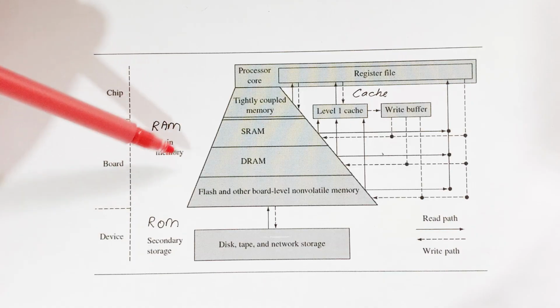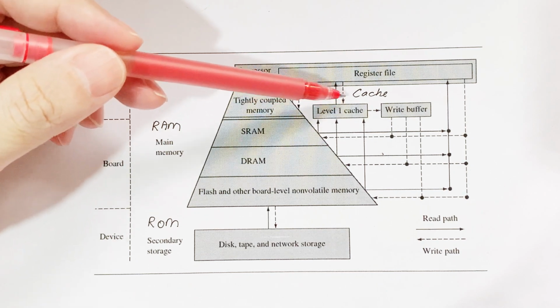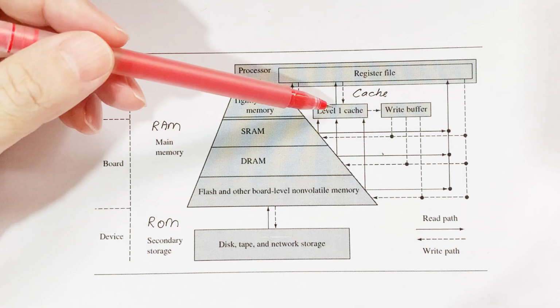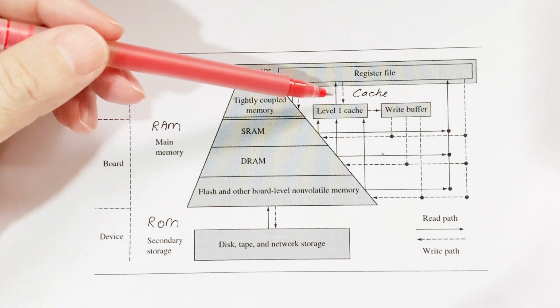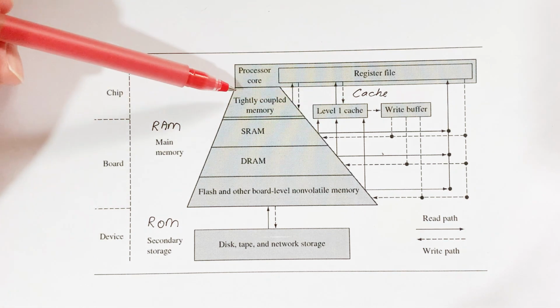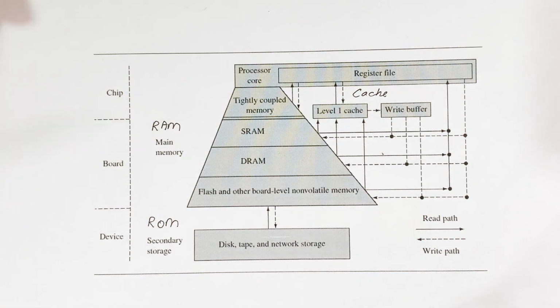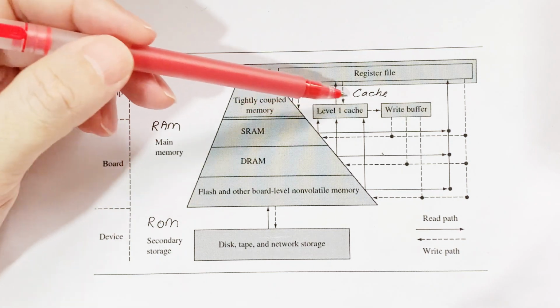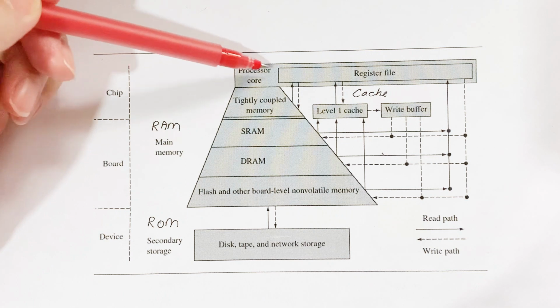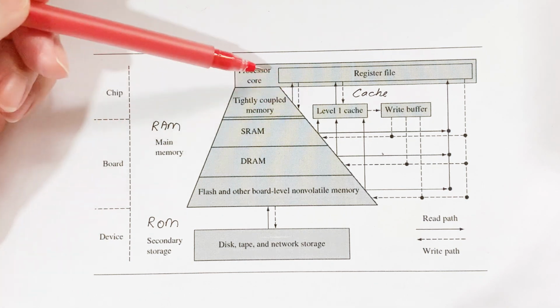When we compare the RAM and the cache, basically cache has a slightly different architecture than the RAM, where the cache is used to store the data or instructions that are waiting to be used by the processors at a faster speed. So what the cache does is it holds the common data that the processor might need over and over again.